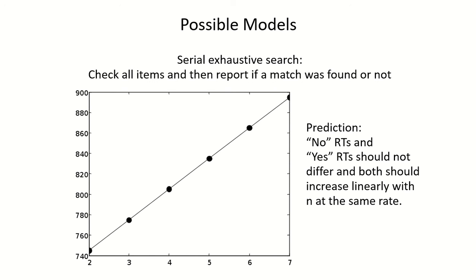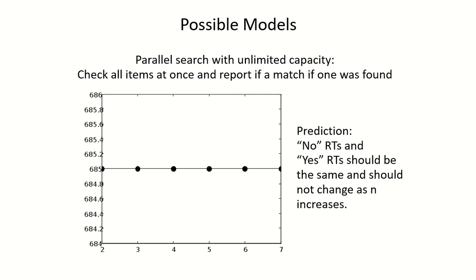So the prediction here, based on a serial model, would be that your reaction time on the y-axis would increase as the number of items you were comparing it against was also increasing, because you're checking them one by one.